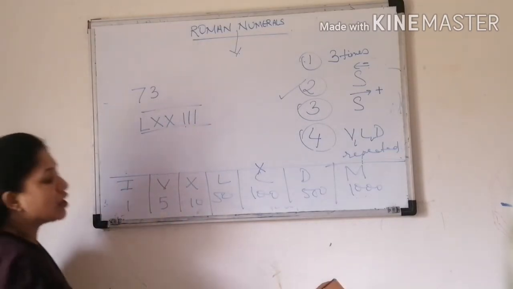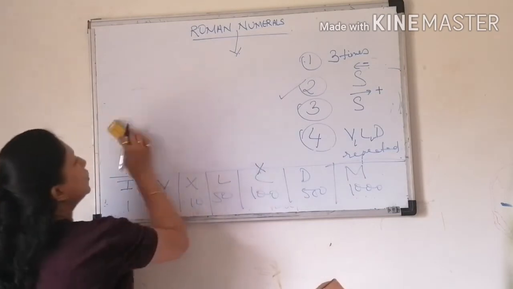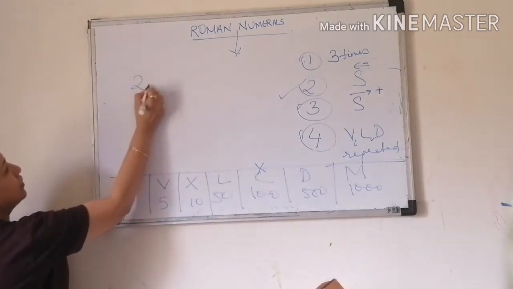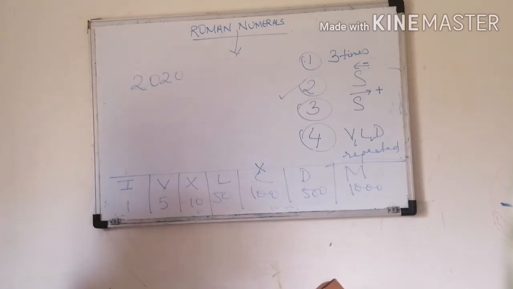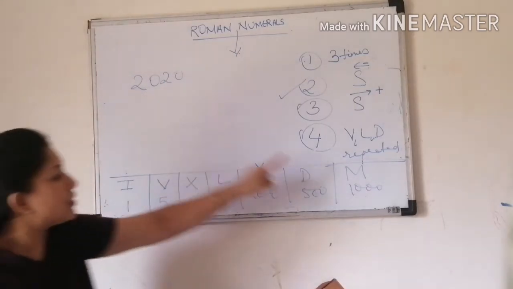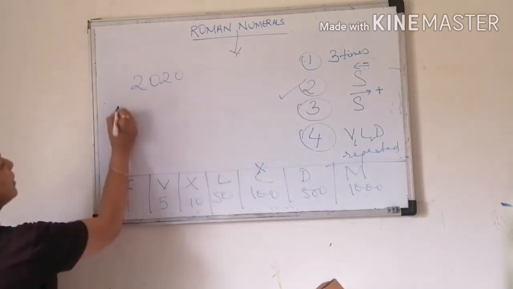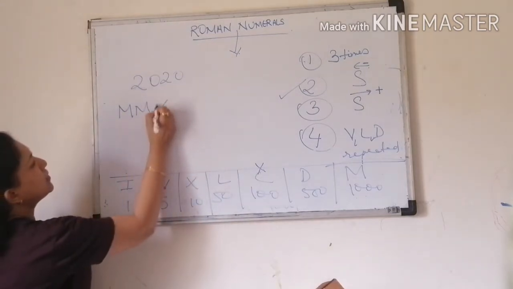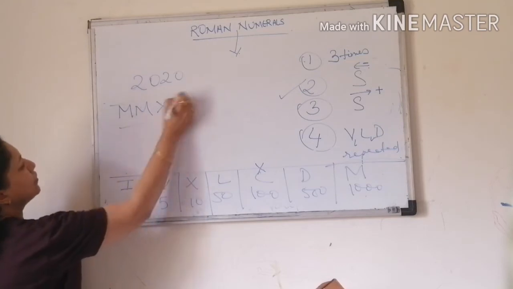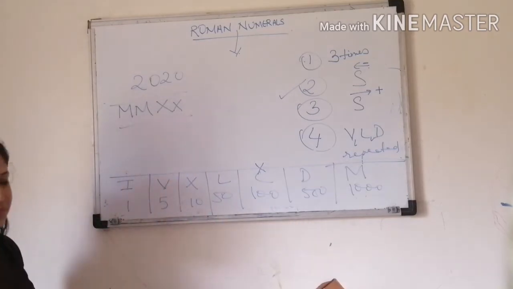Is it clear? Suppose I want to write 2020. What should I do? 2000 means I will repeat M 2 times. 20 simply. No hundreds, so no C.